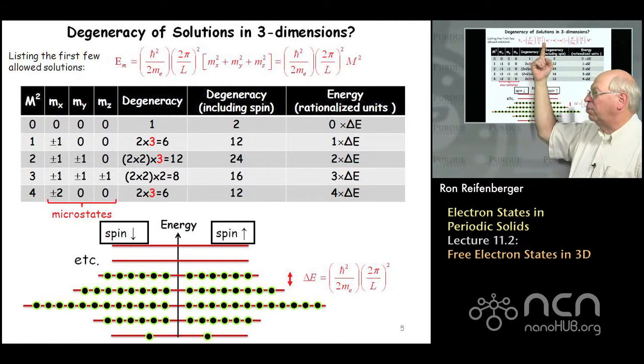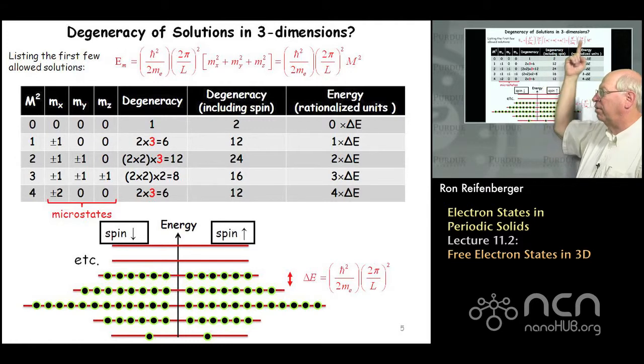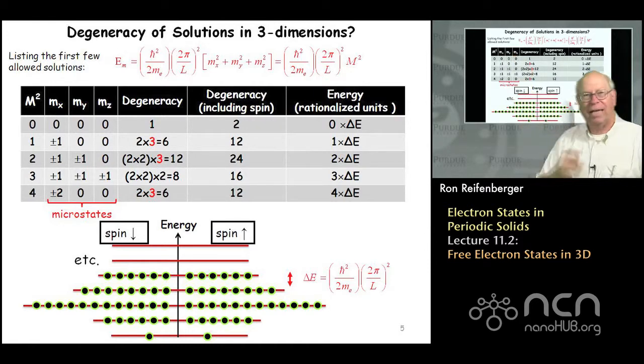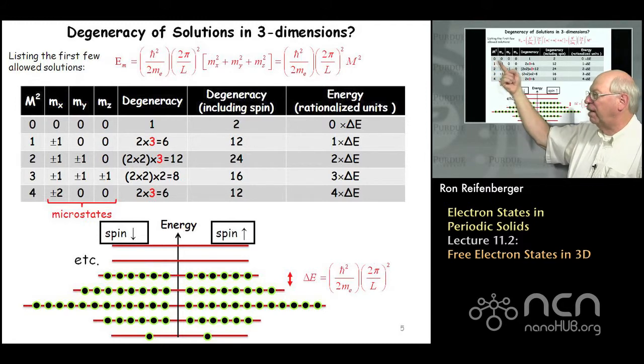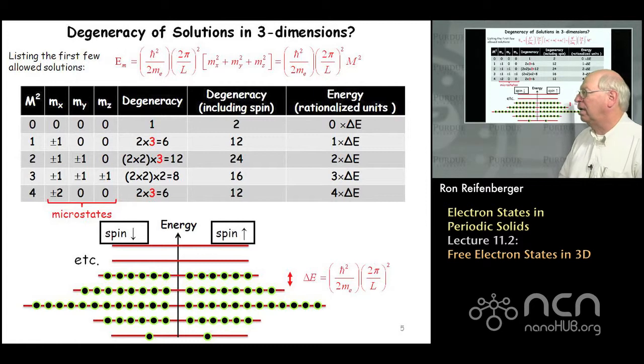So what we can do is rewrite mx squared plus my squared plus mz squared as capital M squared, and then start to make a table that lists the possible values for M squared and how those possible values are made up by the individual quantum numbers mx, my, and mz.